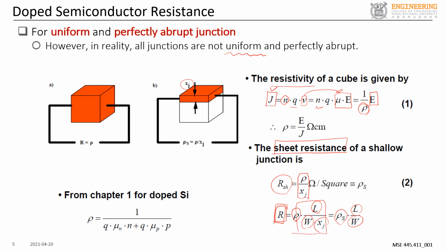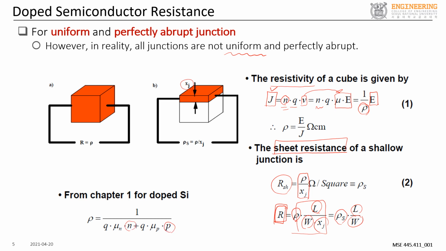Therefore, if you know the dimensions, you can estimate the resistivity, and that will give you information about the carrier density or the doping concentration. You can actually use two different carriers, electrons and holes.